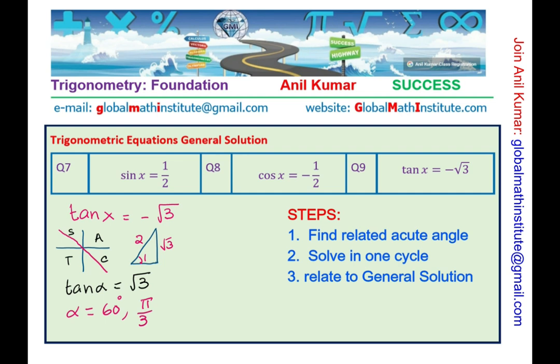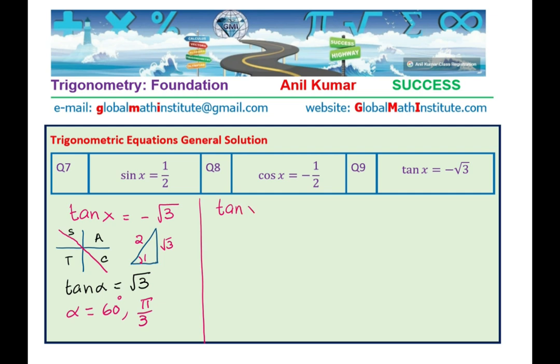Now the whole idea is how do we generalize it? Now tan has a period of pi, correct? Tan has a period of pi. So you can see what really happens here is that to get to this negative value, we'll find two solutions first. Now we are trying to solve this equation tan x equals minus square root 3.